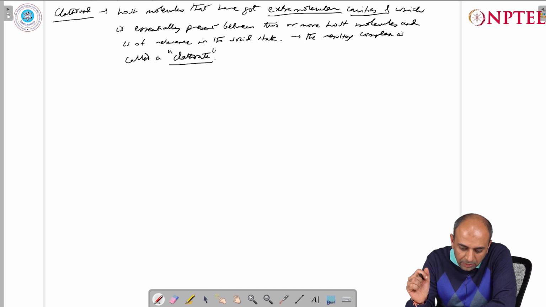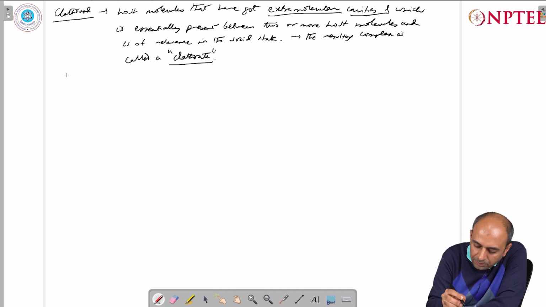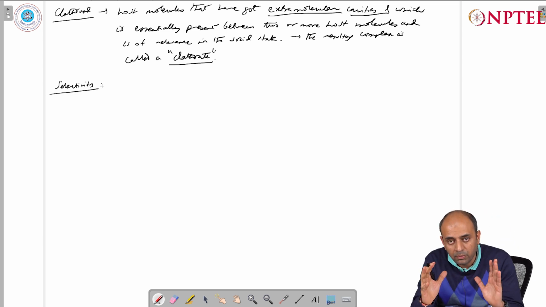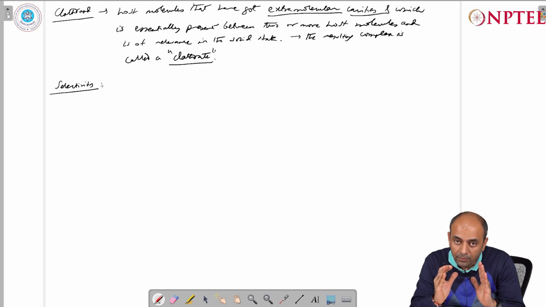The next thing to keep in mind when we talk about host guest complexation, which is of relevance in supramolecular host guest design, is the principle of selectivity. Because now you have got a given particular host of a particular shape, size and conformation, and now you are going to add guests which are relatively smaller in size, and the guests can also have different electronic properties.